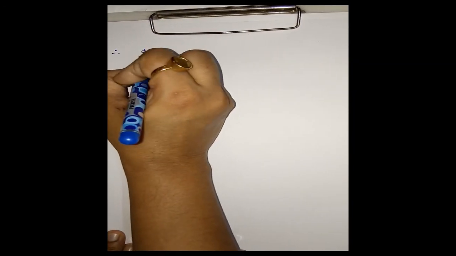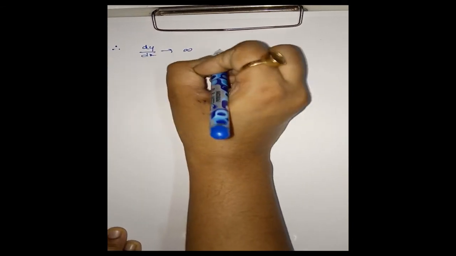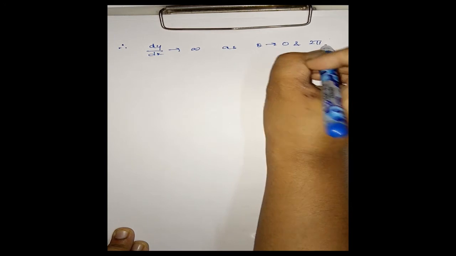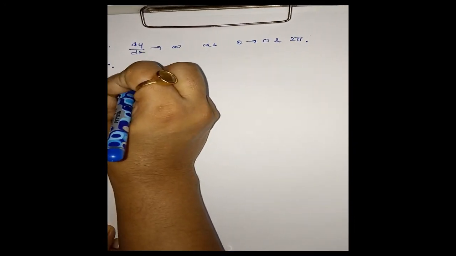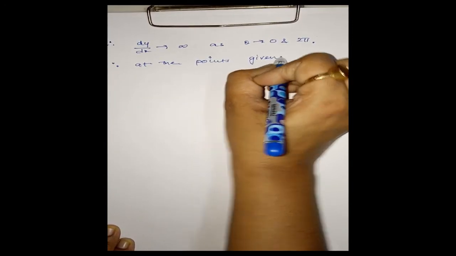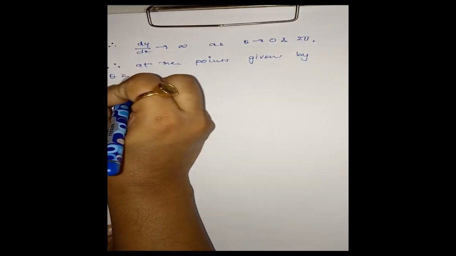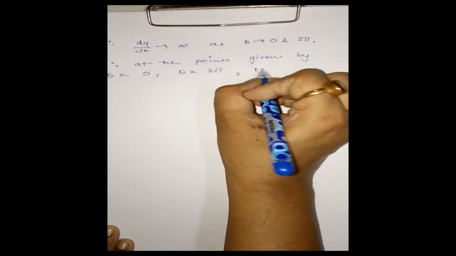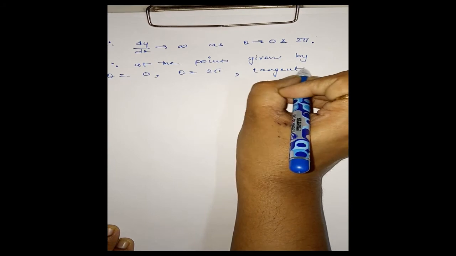Therefore dy by dx tends to infinity as theta tends to 0 and 2 pi. Therefore, at the points given by theta is equal to 0 and theta is equal to 2 pi, tangents are parallel to y-axis.